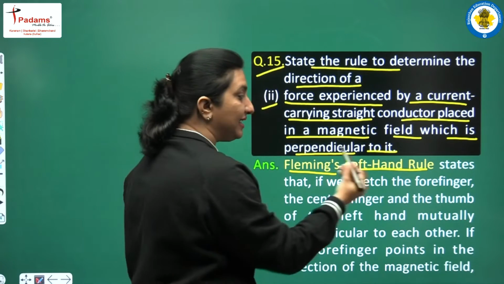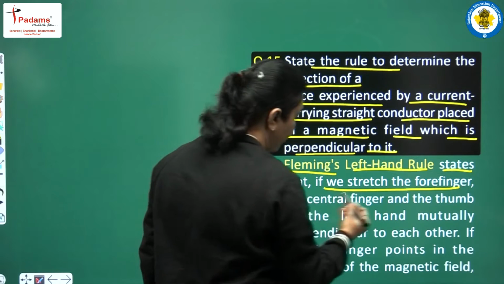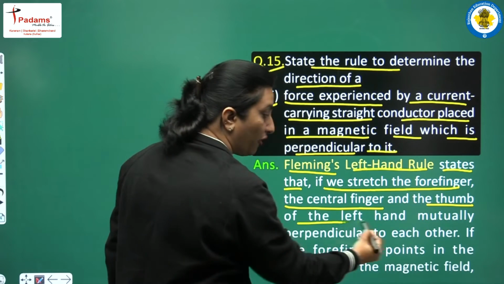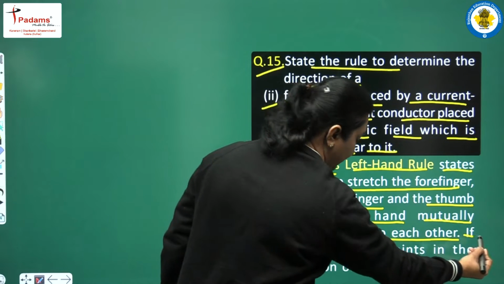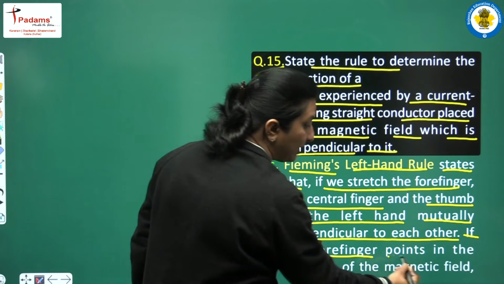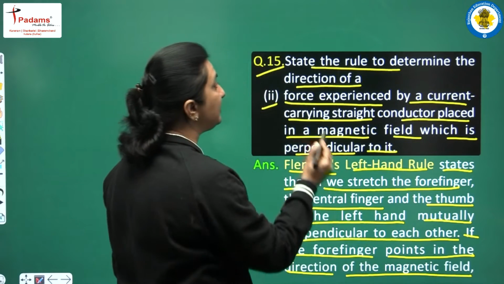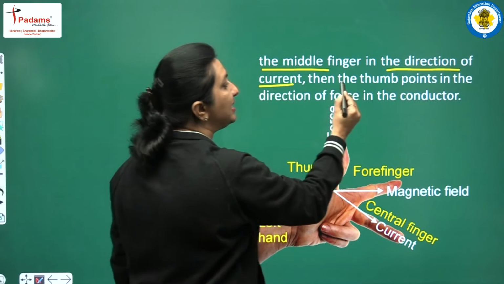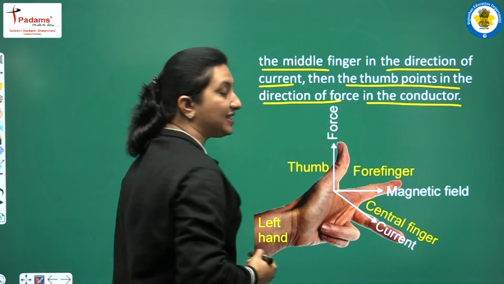So, Fleming's left hand rule states that if we stretch the forefinger, the central finger and the thumb of the left hand mutually perpendicular to each other, if the forefinger points in the direction of the magnetic field, the middle finger in the direction of current, then the thumb points in the direction of force in the conductor.